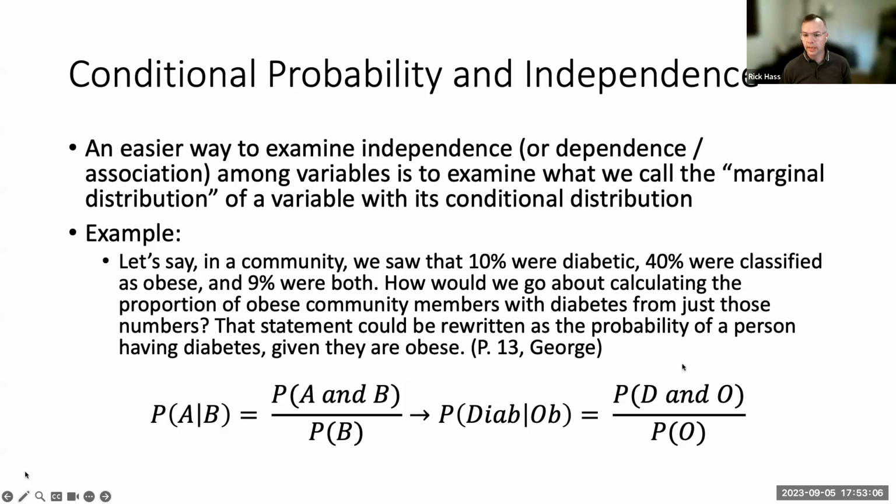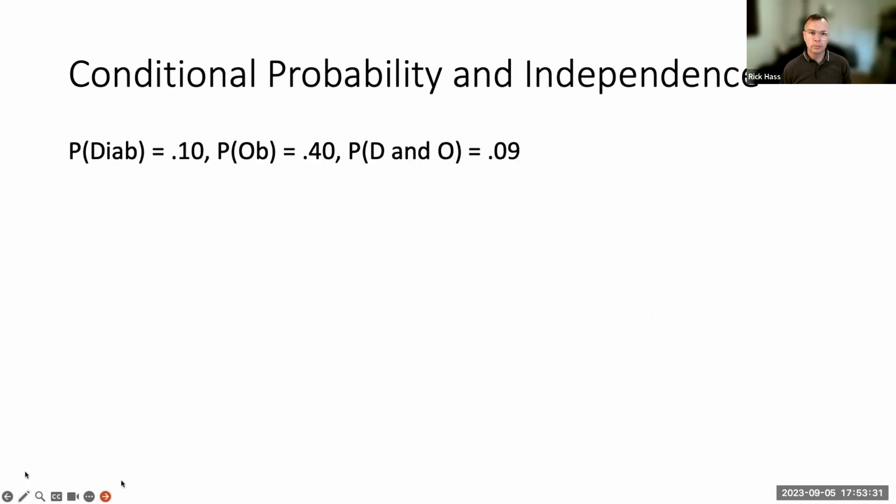A simpler way to do that is to obtain the joint probability, which we were given. 9% of our population is both diabetic and obese. Then we look at the marginal distribution of obesity. That's 40%. So we turn that into a proportion.